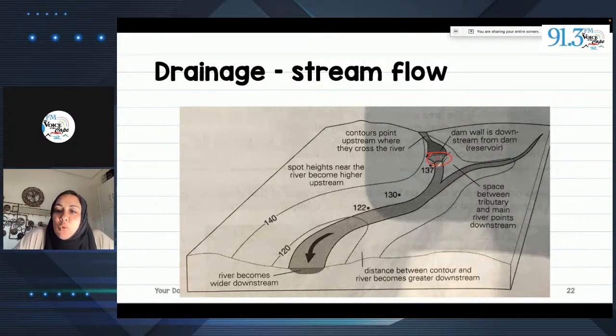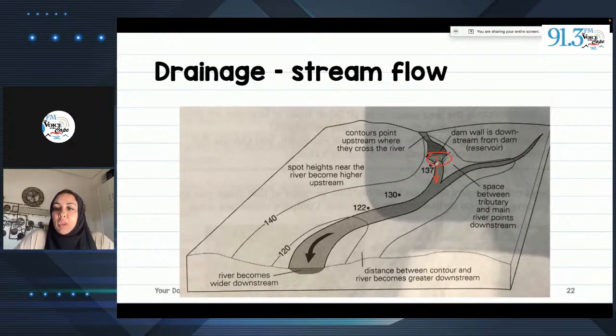Water will always flow out of a dam wall. It will never flow into a dam wall. Remember, a dam wall blocks water. It doesn't allow water to come into it. It blocks the water off. Only when they open up the dam wall, that's when the actual water would flow outwards.